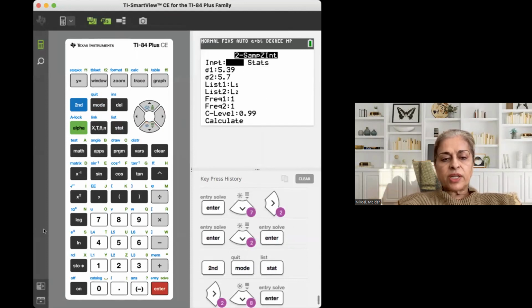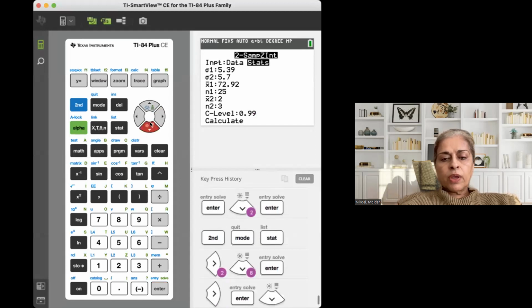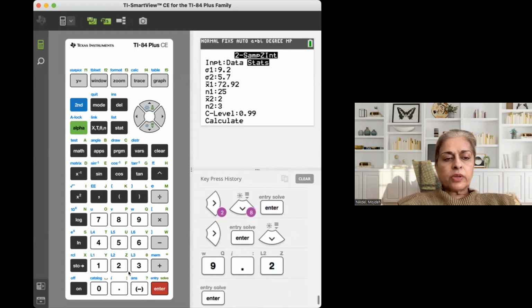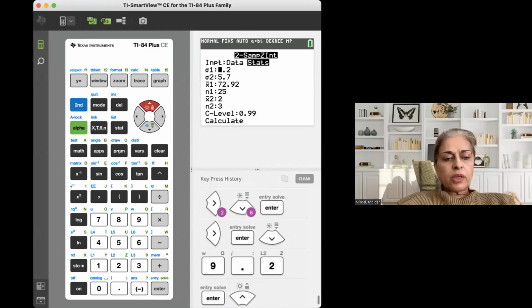I have given you statistics. So you go to Stats on the input, highlight Stats, go down. Sigma 1, I have given you 0.3.